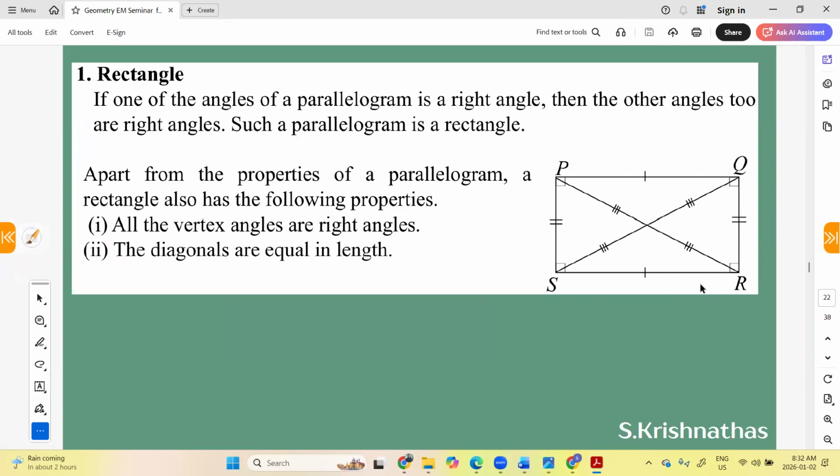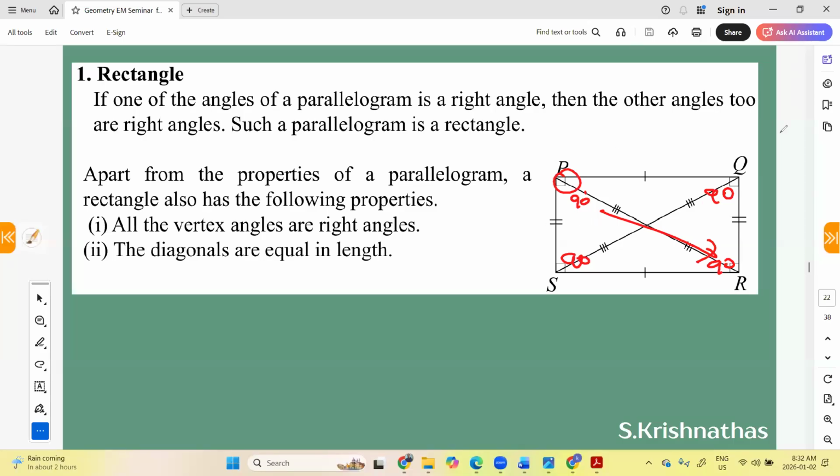In a parallelogram, if only one angle is a right angle, the opposite angle is also a right angle, and the parallel lines give 90 degrees, 90 degrees. So that will be a rectangle. In a parallelogram, if only one angle is a right angle, then that is a rectangle.